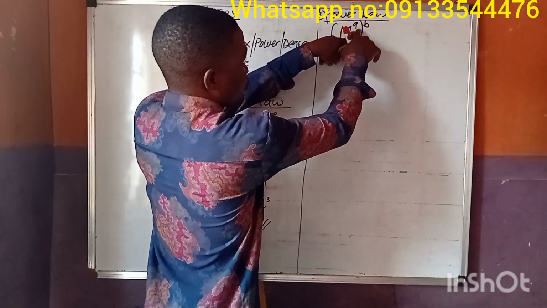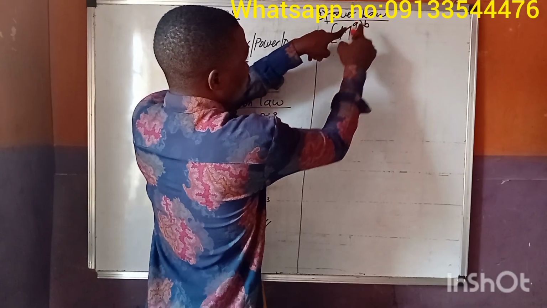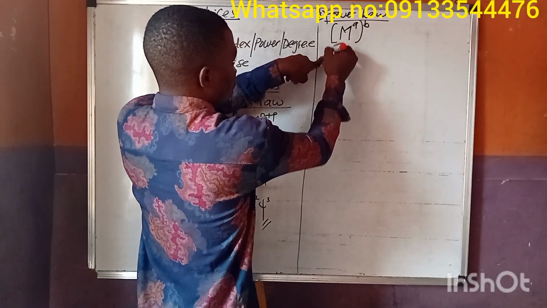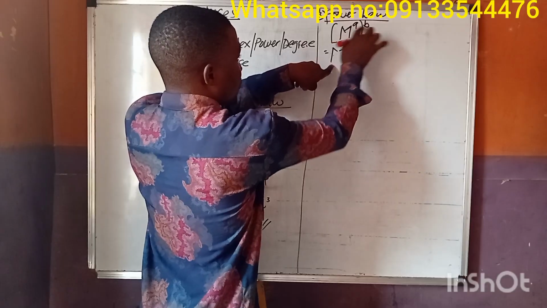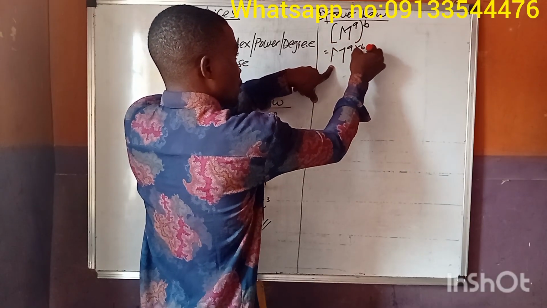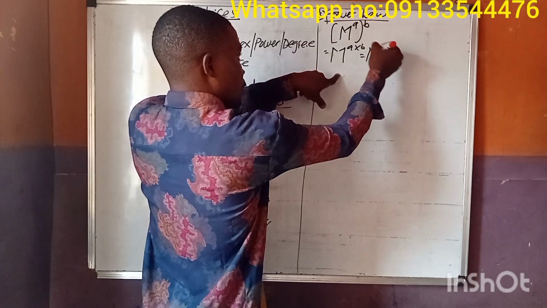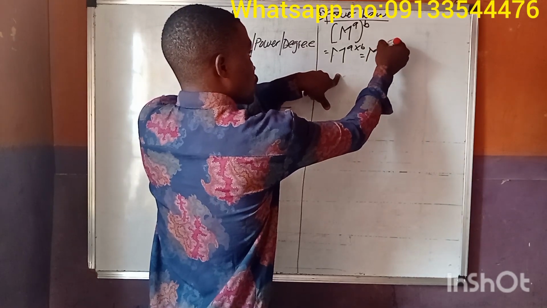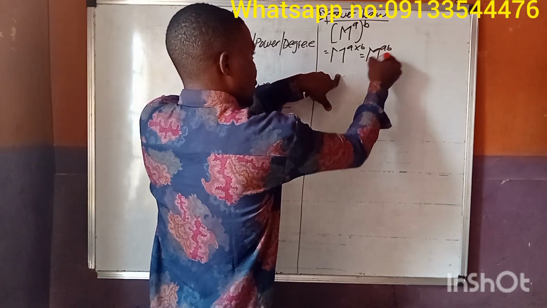There's one power here, one power here. So you just have to bring the number out, then you multiply the power. So you have a times b. You have m raised to power ab.